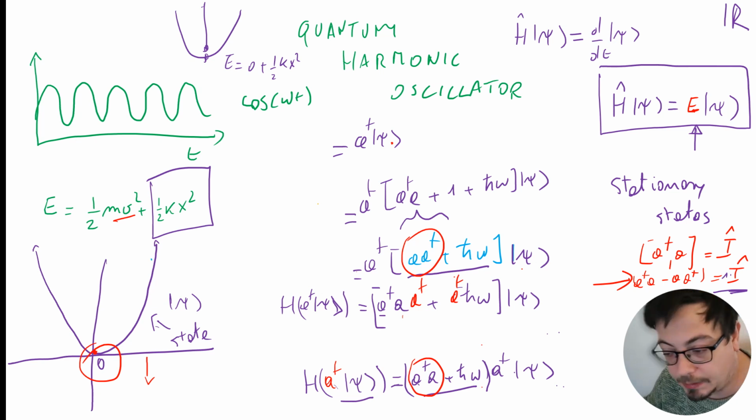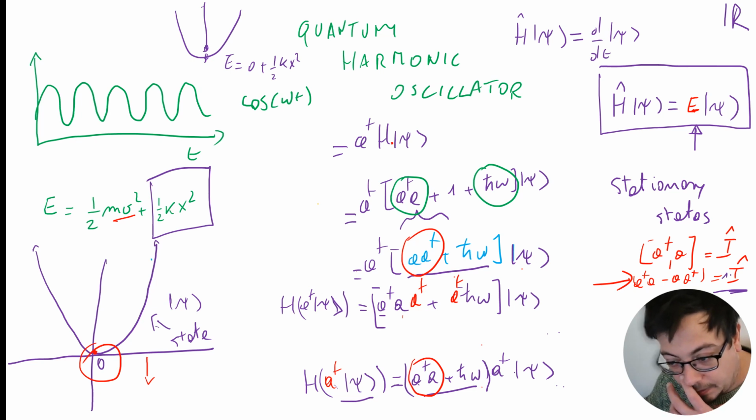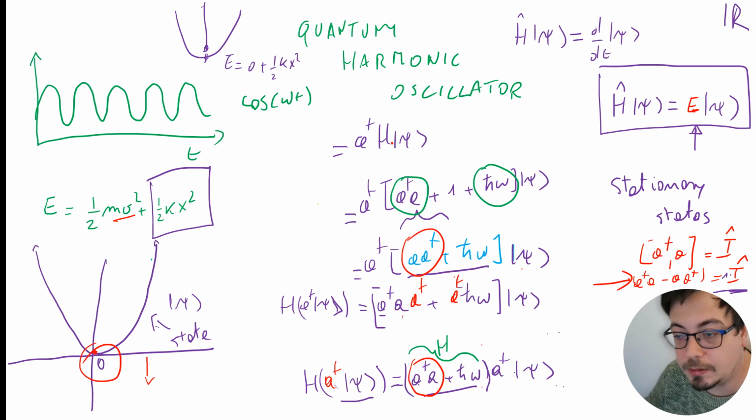Sorry, A dagger H psi, because this one and this one are exactly H, as we know here. This was H, so these are the same, so we get the H there, plus A dagger psi.